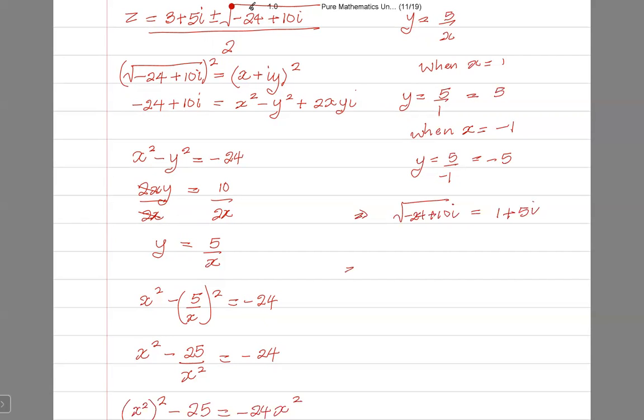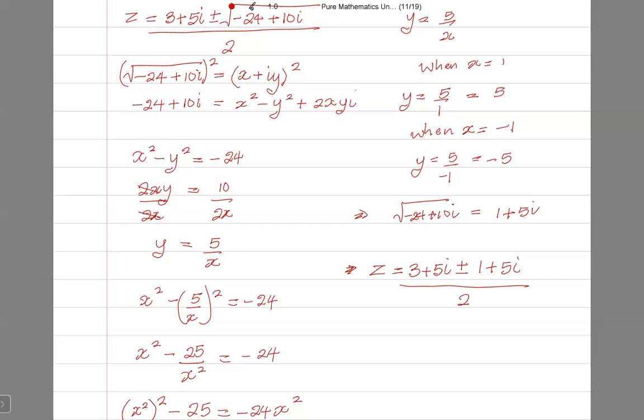It means, therefore, that z is equal to 3 plus 5i, positive and negative, so that's where the positive and negative comes in, 1 plus 5i. Because that's what we just worked out the square root of -24 plus 10i to be. And this is now all over 2.